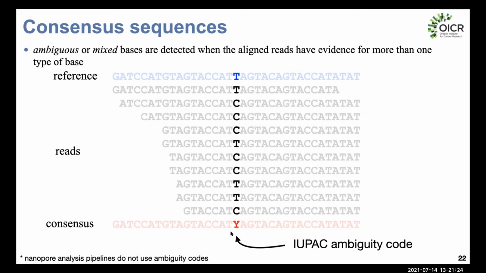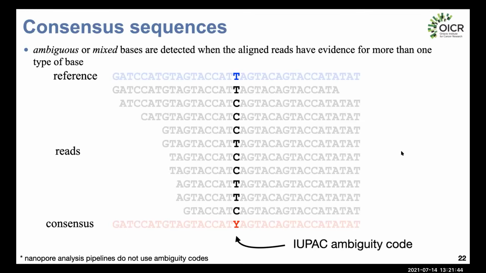So essentially what's happening here is that the bioinformatics pipeline, the consensus caller, has determined that it can't decide between a C or a T at this position. So it's put a Y into the consensus to indicate that it's ambiguous. And we call these ambiguous bases or mixed bases.